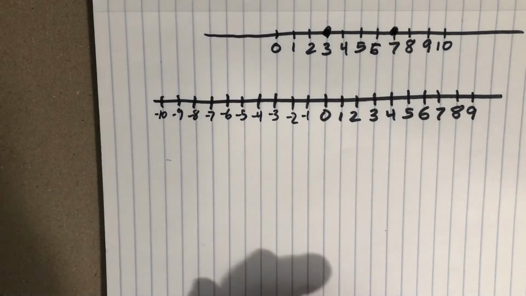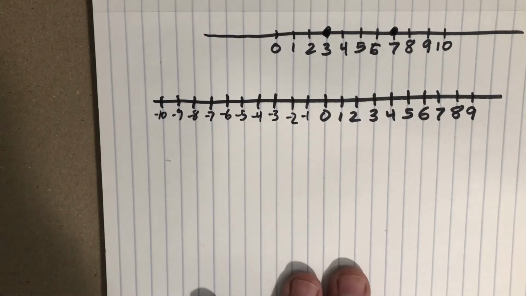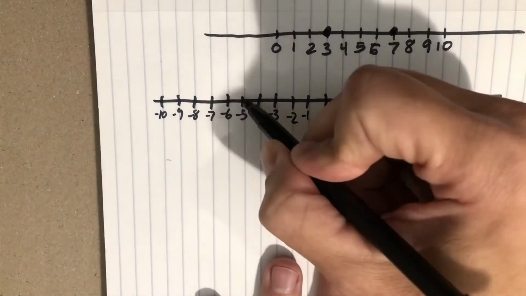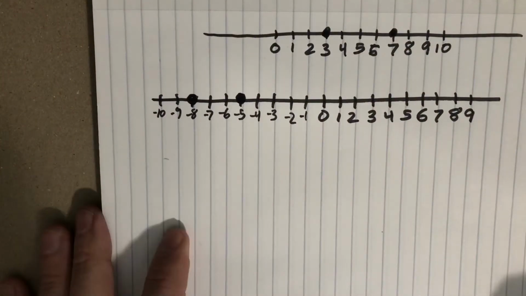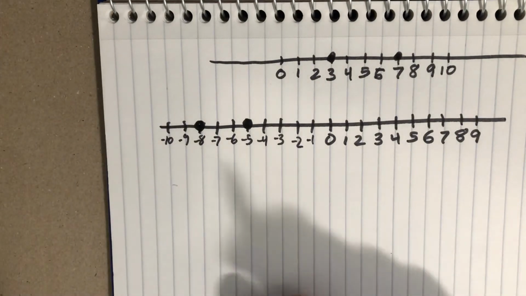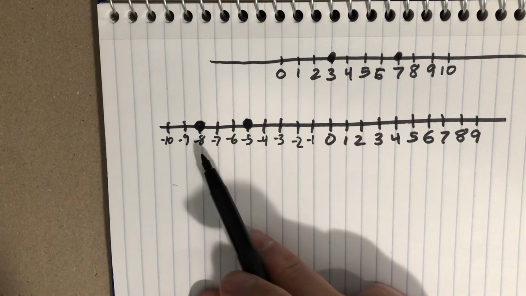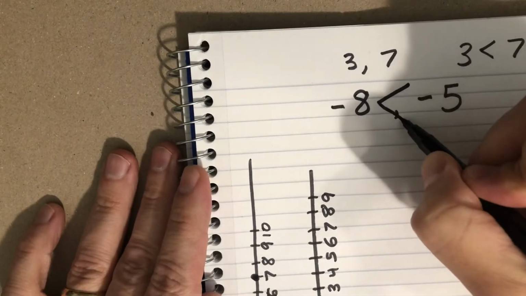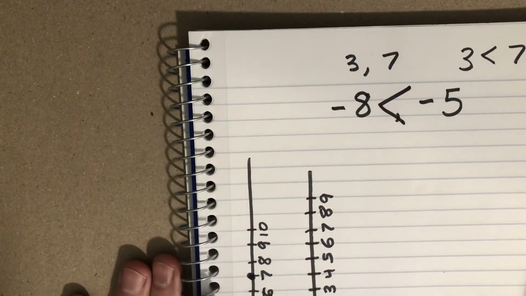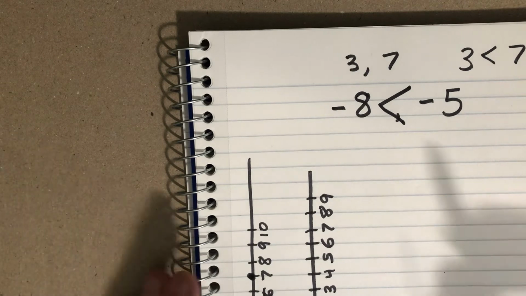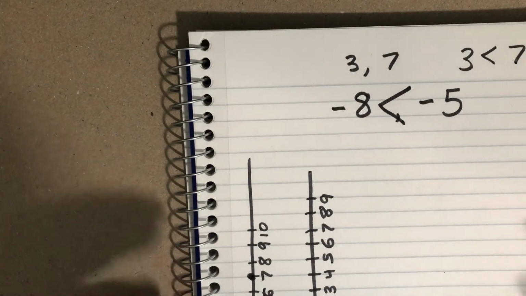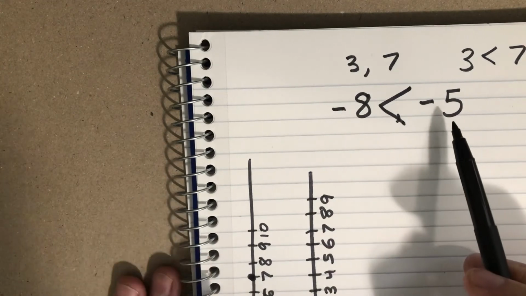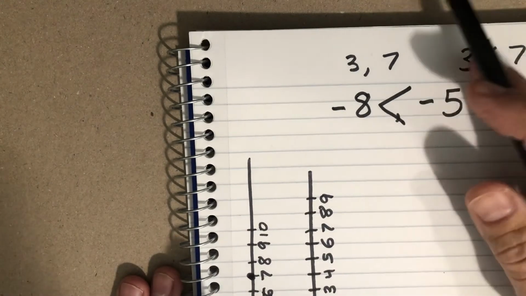As we compare -5 and -8, I'm going to plot -5 and -8 on my number line, and I can very clearly see that -8 is further to the left, which means that -8 is less than -5. We're accustomed to seeing a bigger number and thinking that must be the larger number. But when we're comparing -8 and -5, -8 is actually smaller.